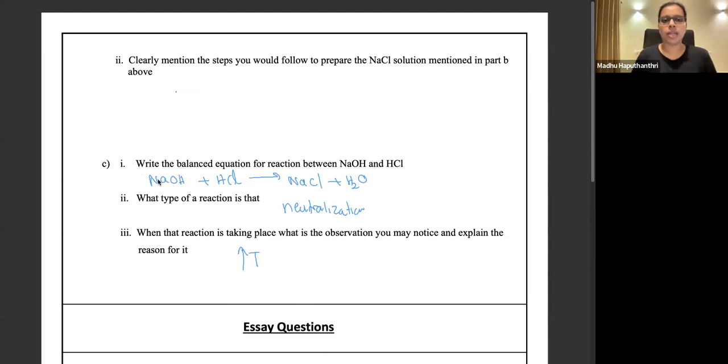But here it's particularly an acid and a base. Right. Then explanation, I hope it's clear. Neutralization reactions are exothermic. Further, if you want, you can write, therefore, heat is given out. Heat is given out.